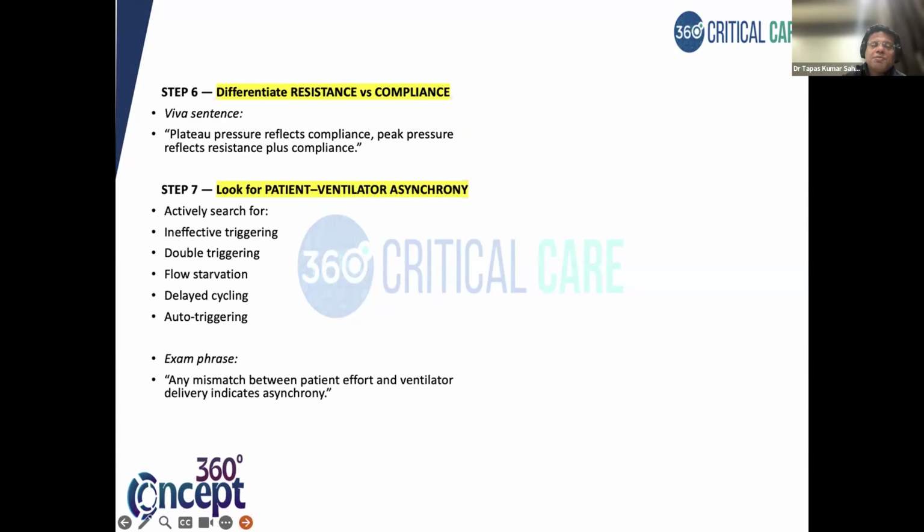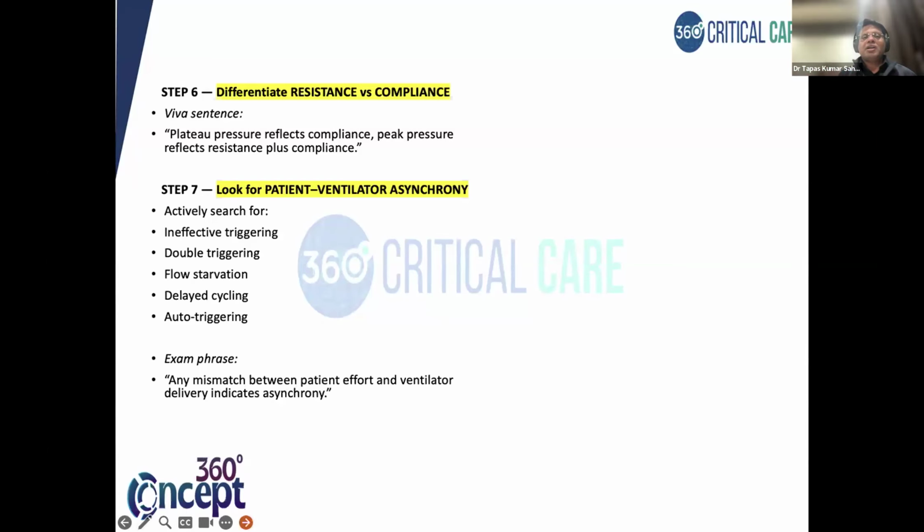Now step 7 would be to look for ventilator-patient asynchrony. Till now you were concentrating on the ventilator screen, but at this point, when you have already analyzed the mode, the scalar, the baseline, the inspiration, the expiration, the resistance and compliance, you would be looking at the patient. The examiner would not be very happy if we were only focusing on the ventilator.